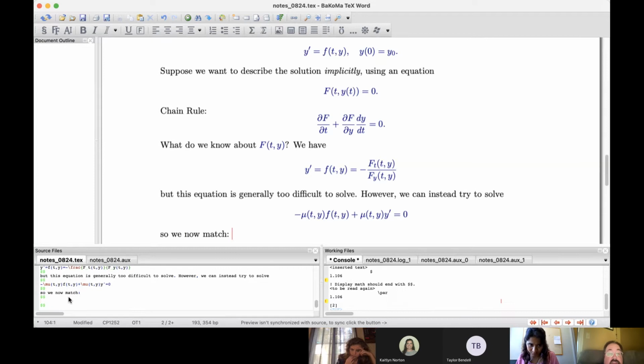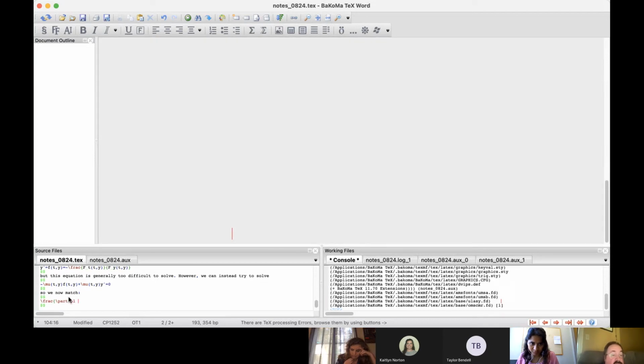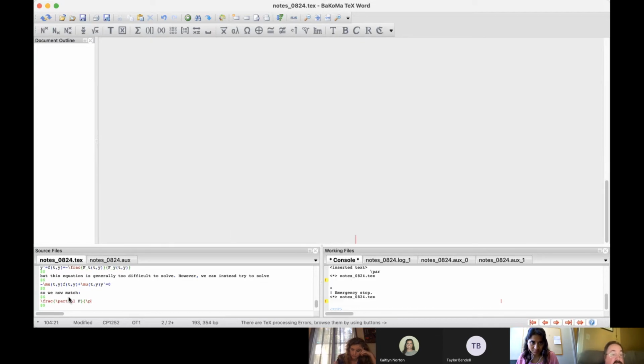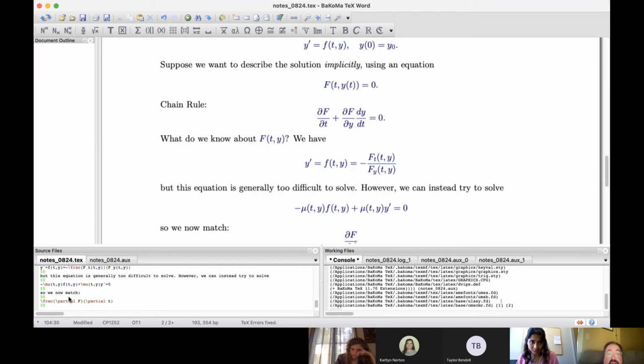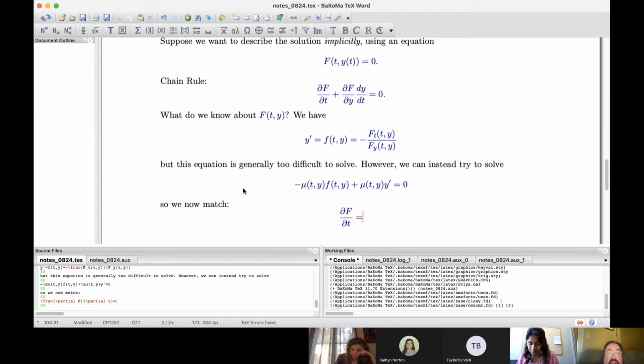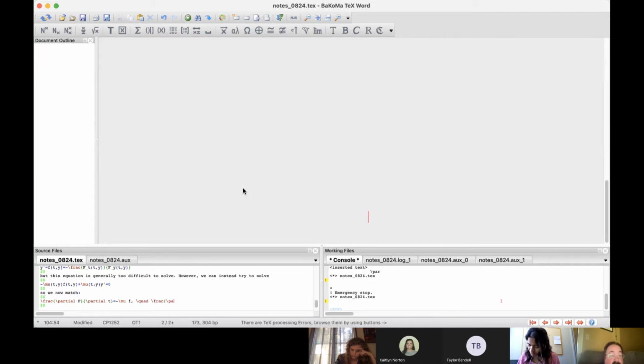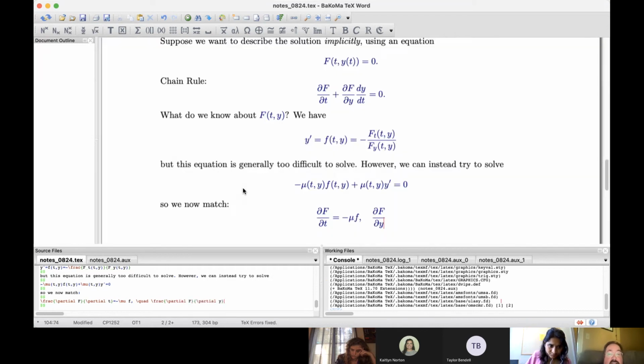So now I have the derivative of capital F with respect to t must be equal to minus mu times f, and then the partial of F with respect to y must be equal to mu.